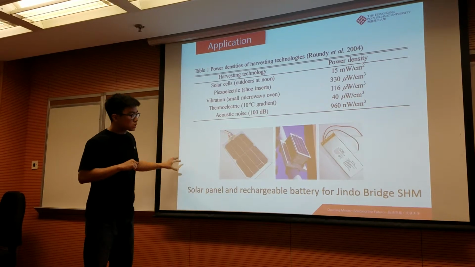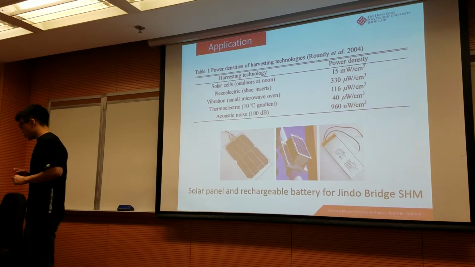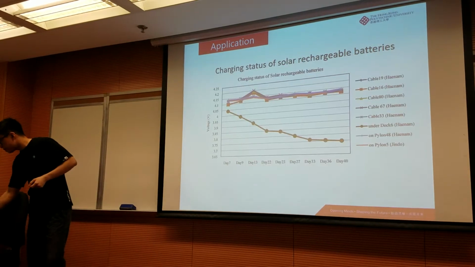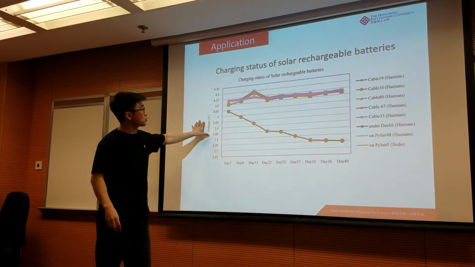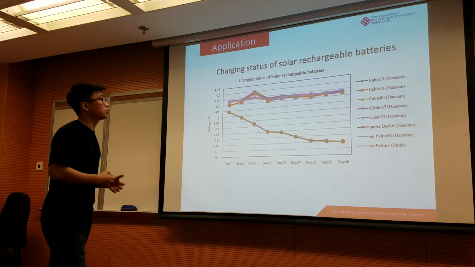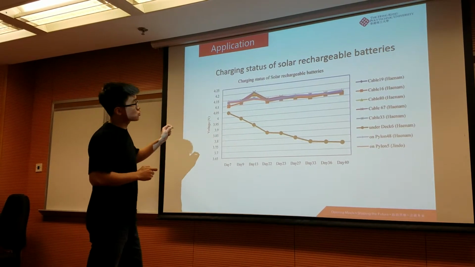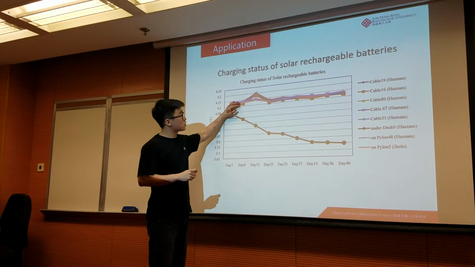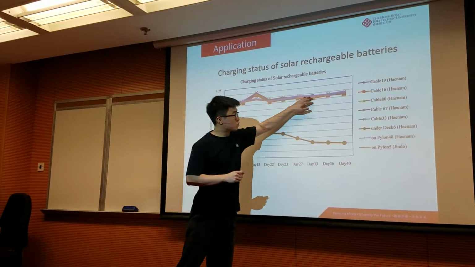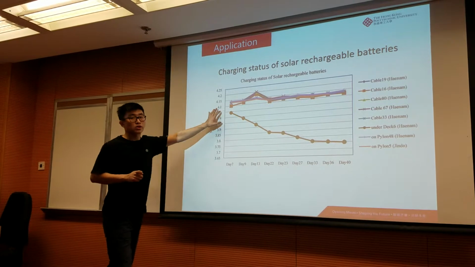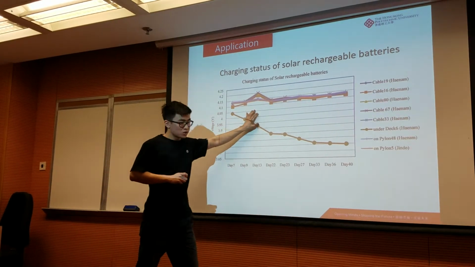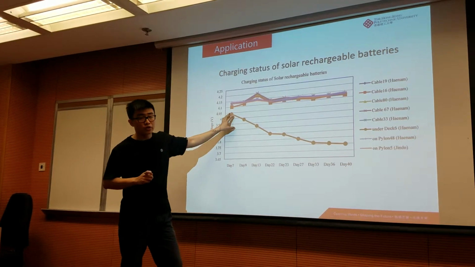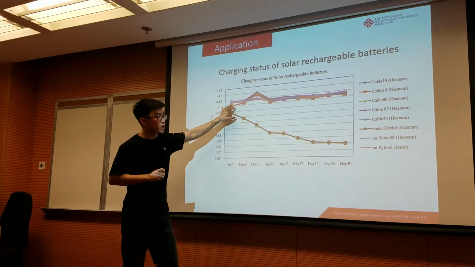So in this case, the authors used a solar panel to power the wireless sensors. This figure shows the charging status of the solar rechargeable batteries installed on the wireless sensor. We can find that the charging status of the batteries is quite stable and constant, which means the solar panel technology is feasible for the wireless sensor.